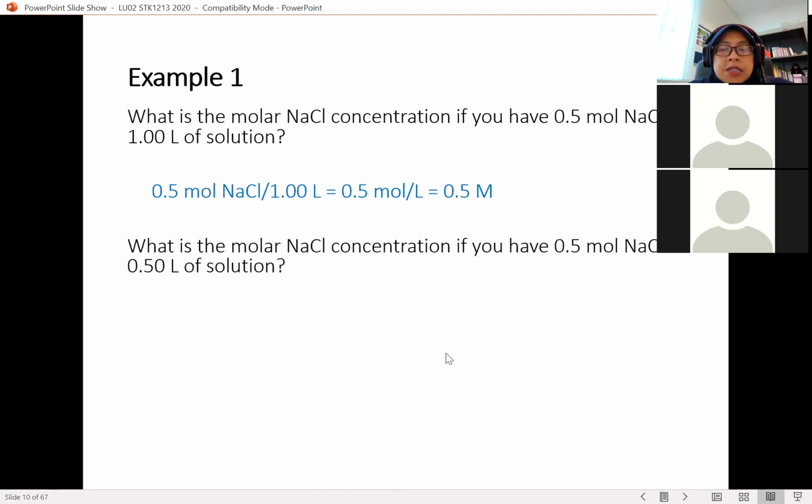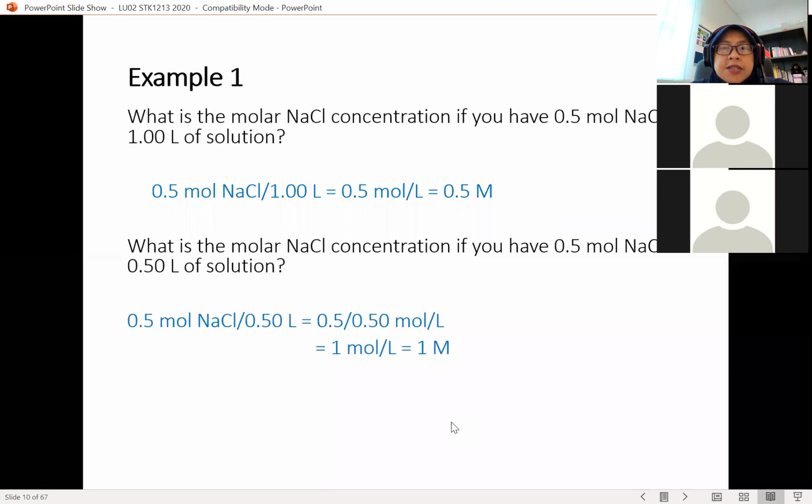What is the molar concentration of sodium chloride if you have 0.5 mole of sodium chloride in 0.5 liter of solution? Using the same approach, try to calculate. Okay, Shuhadat said 1 molar, Puishan 1 molar, Nurain 1 molar, correct? So the answer is 1 molar.